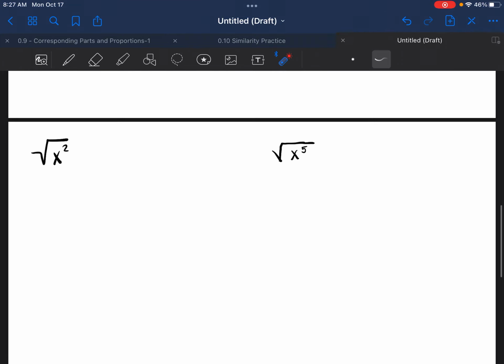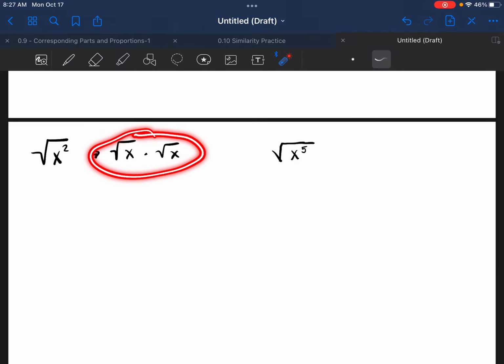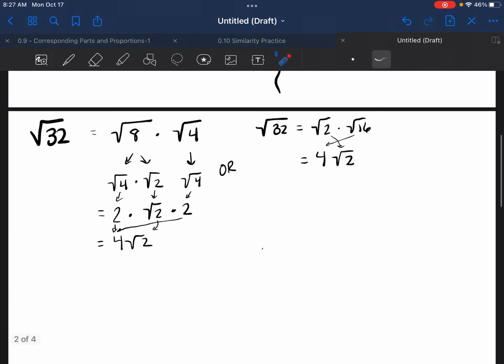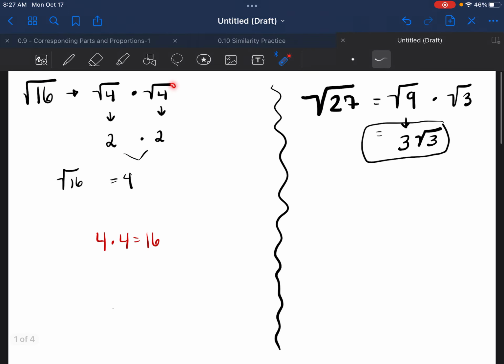Now, when you have a problem that looks like this and there are variables involved, you need to think about your exponent rule knowledge. The process here is still very much the same. X squared, I know, is going to be x times x. Well, when I have two square roots that are the same, just like we had here with the square root of 4 times the square root of 4, that is just that value.